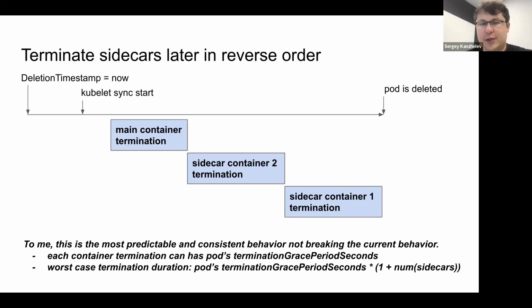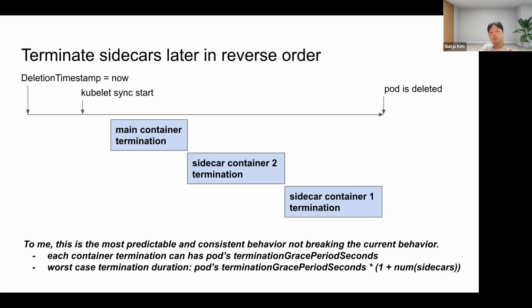If a sidecar has a pre-stop hook, we will start executing this pre-stop hook. And then we will send a SIGTERM at the moment when all the main containers are gone. And the pod will be killed no matter what when graceful termination is completed. So there is no inconsistency here.